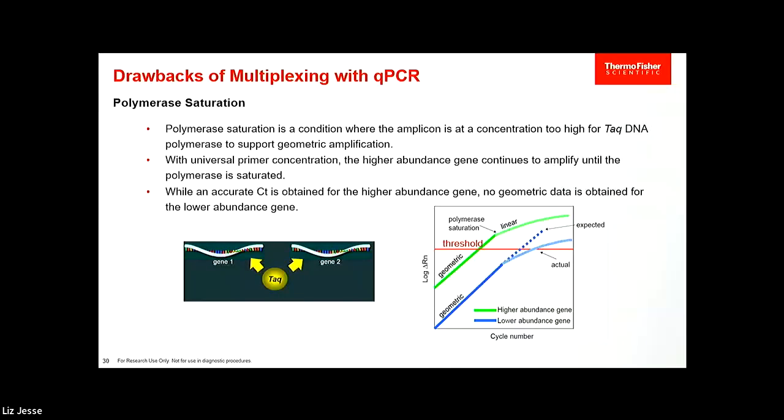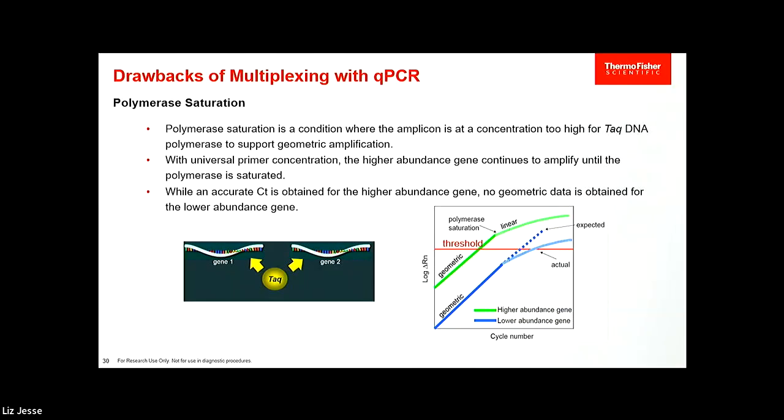I love to use the example for multiplexing of a bunch of toddlers in a sandbox. If you envision 4 toddlers in a sandbox with a limited number of toys, invariably the strongest toddler is going to win. They're going to take all the toys, and the other toddlers are stuck playing with whatever is left. When that happens, you end up in a scenario where your strongest gene amplifies as expected.